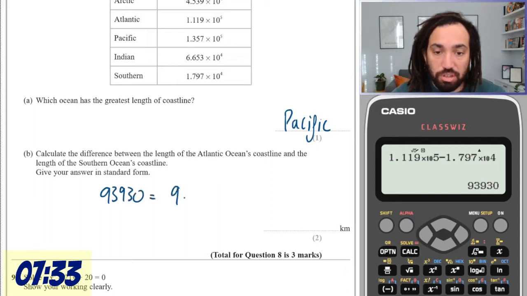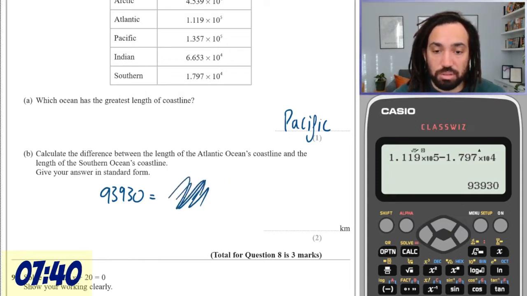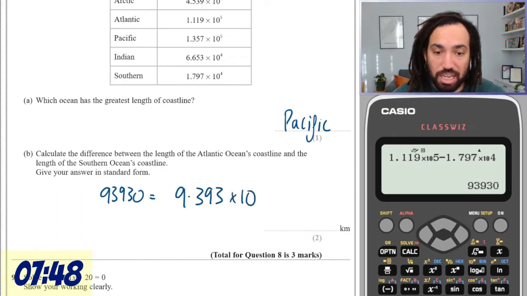As a side note, if you've got the newer version of this calculator, you can't do this like that, because it really messes up something with standard form. Anyway, this is in standard form, it asked me for. So 9.393 times 10 to the 4.